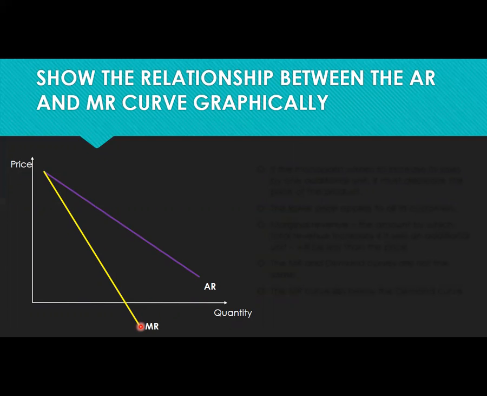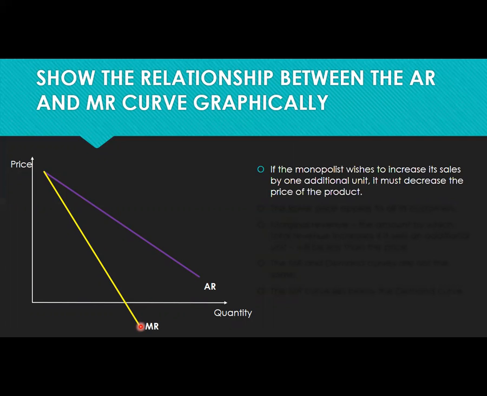So what is the relationship between the average revenue and marginal revenue curves? The monopolist wishes to increase its sales by an additional unit, and therefore it has to decrease the price of its product. So the lower the price, it means all customers have to pay the lower price for every single product.